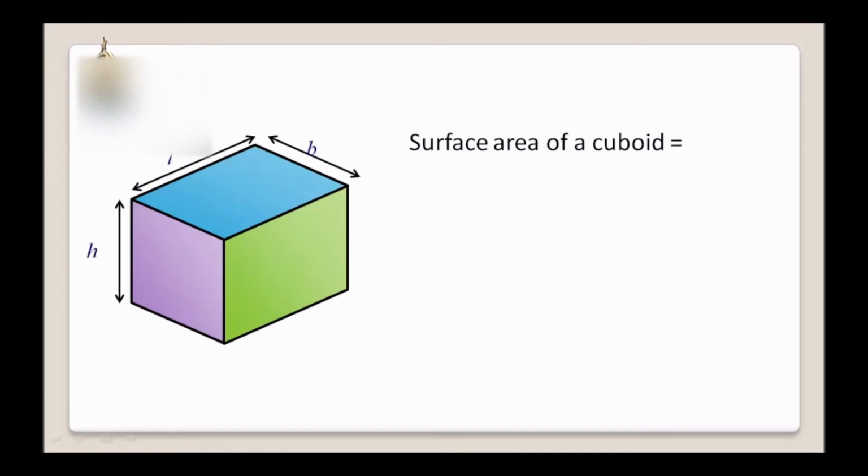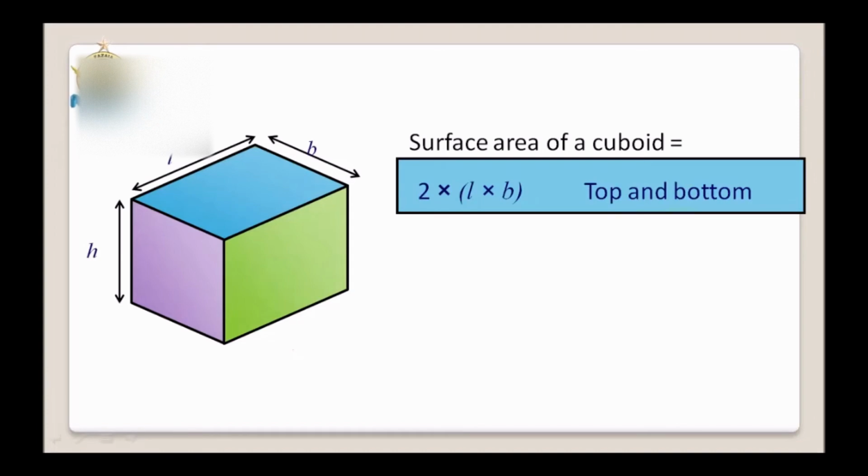Now we know that one side is rectangular and its area is length into breadth. So each side has length and breadth. It means that top and bottom, there are 2 areas, length into breadth. So we multiply by 2.